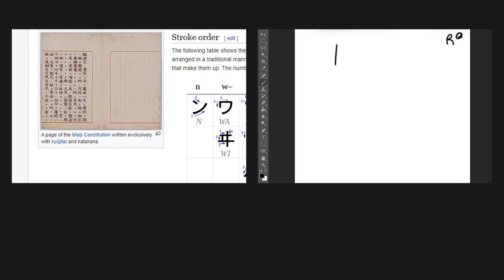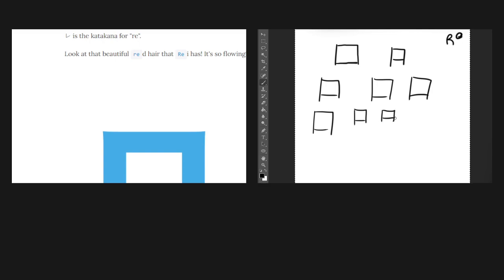Sorry, we're doing ro. And okay, so it's going to be like this. Yeah, 1 down, 2, and then 3 connecting them. So 1, 2, 3. It's a closed off shape. Maybe that looks like an O to you.